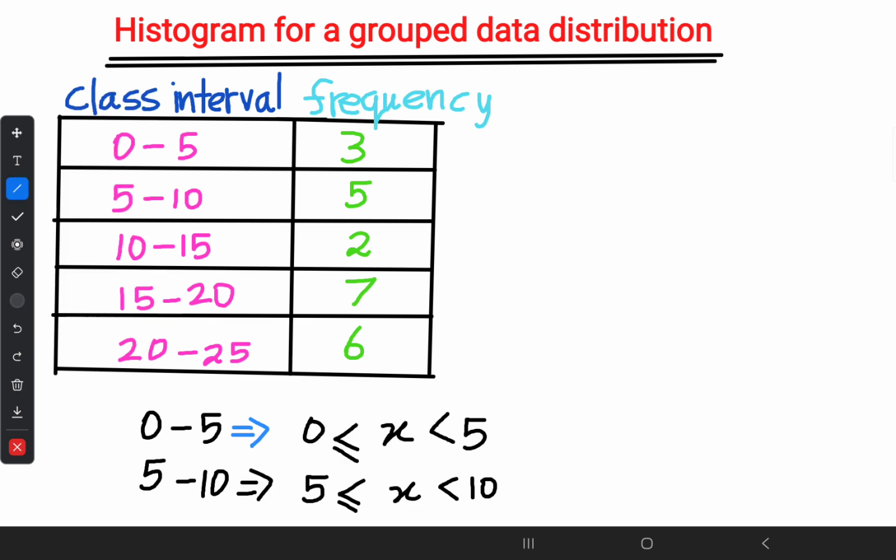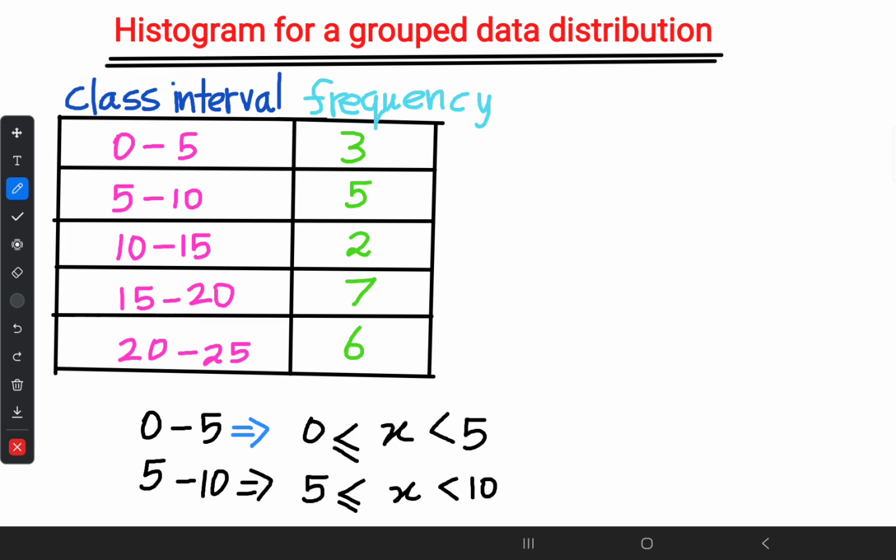In here, you have to use two axes. One axis belongs to the class interval, that is our horizontal axis. This is the interval of ages. For persons who are aged between 0 and 5, the number of people, that is the frequency, indicates the number of people who belong to that particular interval.